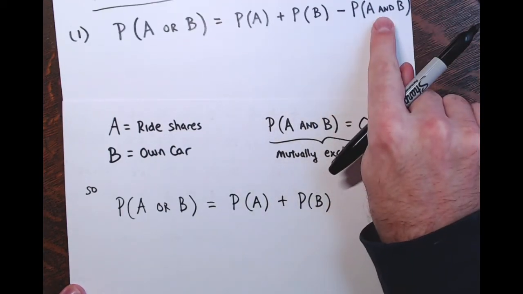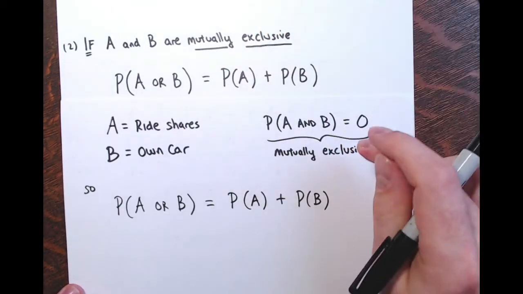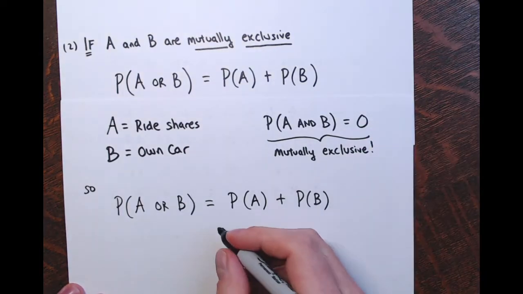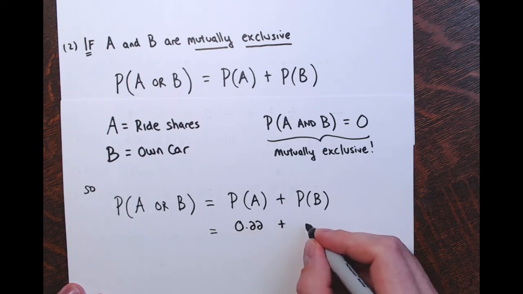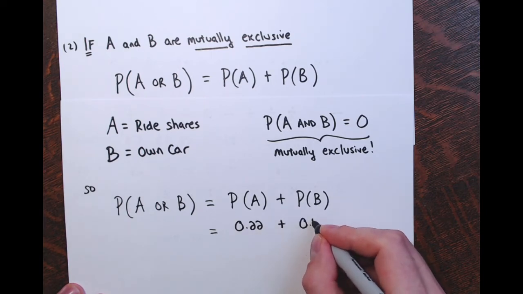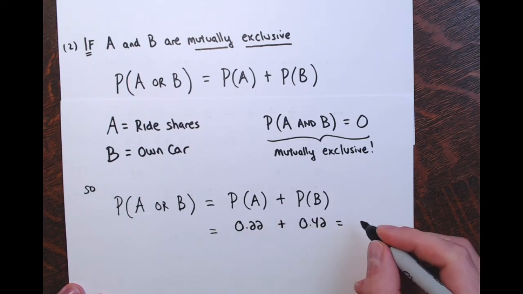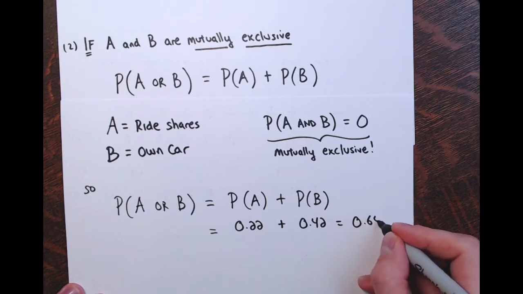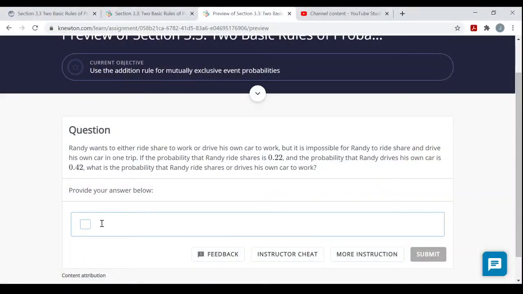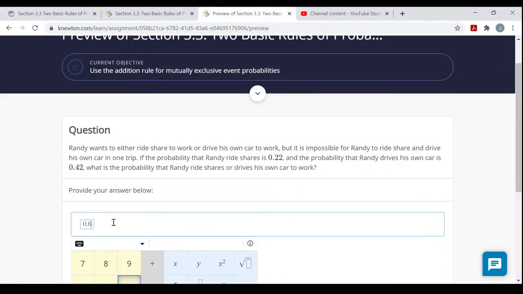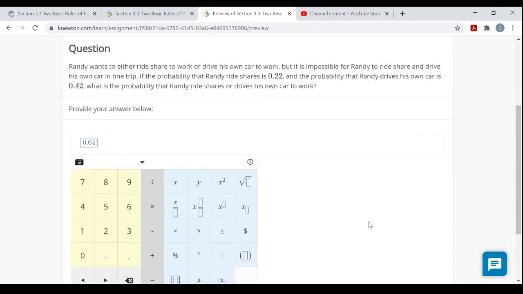That minus the probability that they both happen, but again, they can't happen at the same time. So it's simply 0.22 plus 0.42, the two numbers that were given to us. So putting those together, 0.64. 64% chance that he ride shares or drives his own car. It's a simple addition.